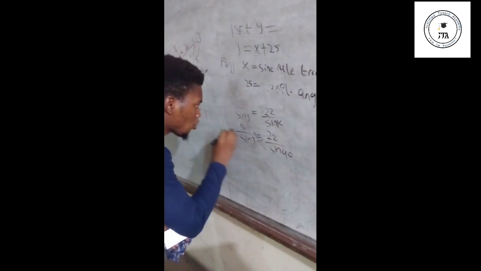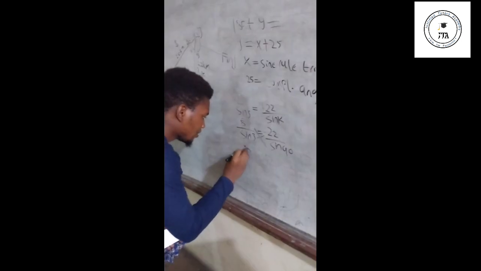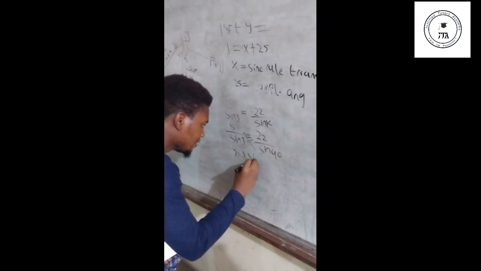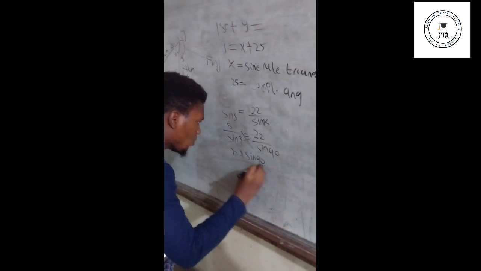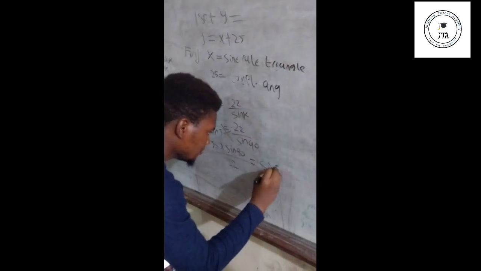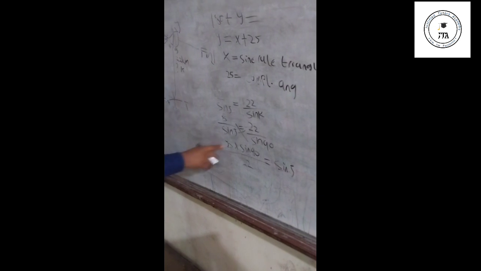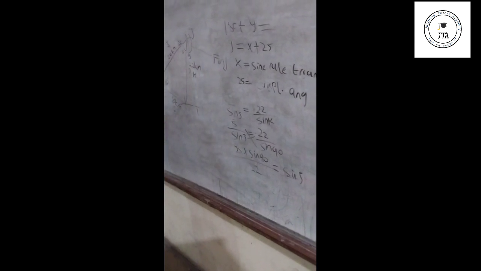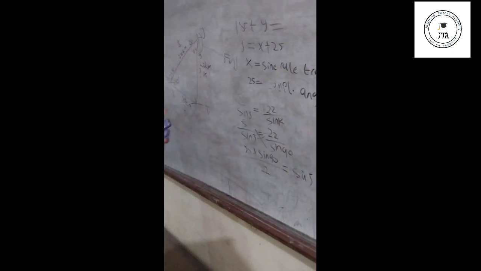Now we multiply, then we have 8 times sine 90 over 22 equals sine J.